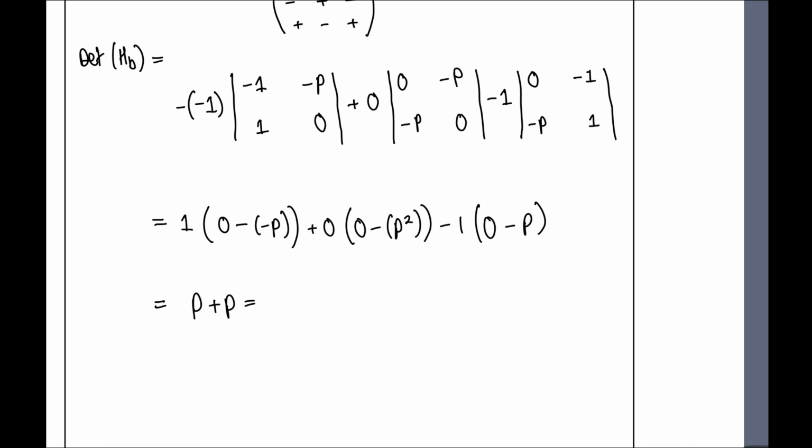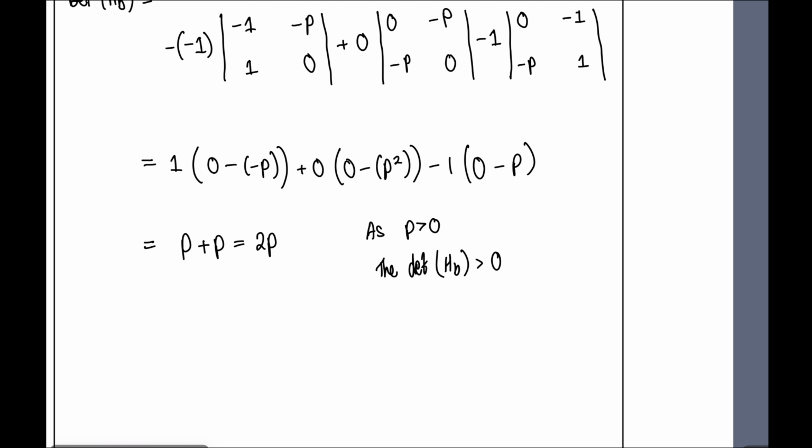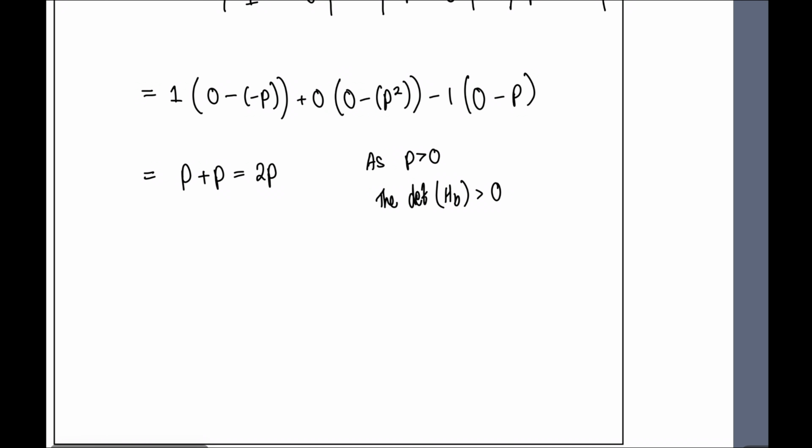So plus p. So we're left with 2p. Now, as p is greater than 0, the determinant of the bordered Hessian will also be greater than 0, because 2 times any positive number will be another positive number. Therefore, as the determinant is greater than 0, the optimum is a maximum.